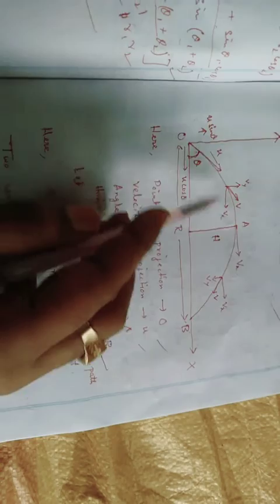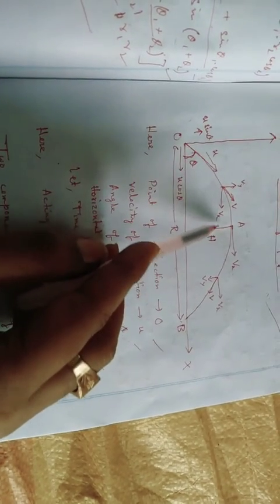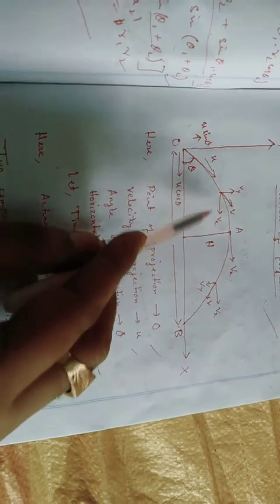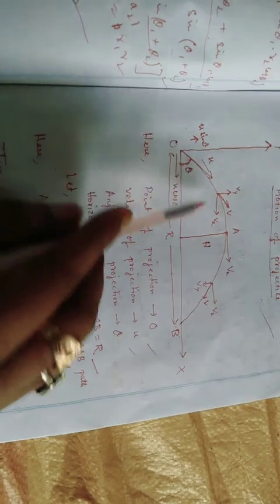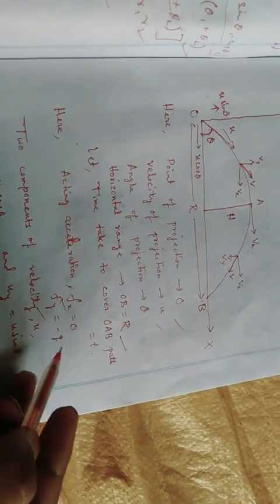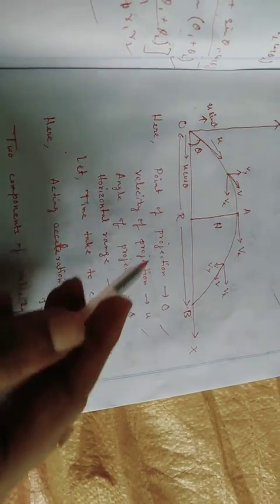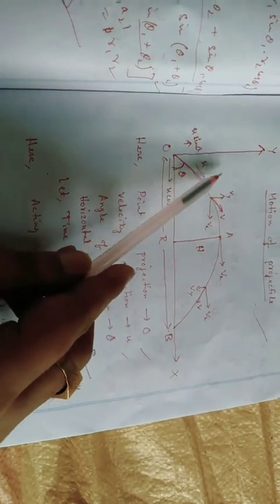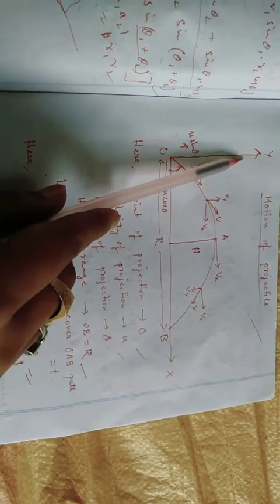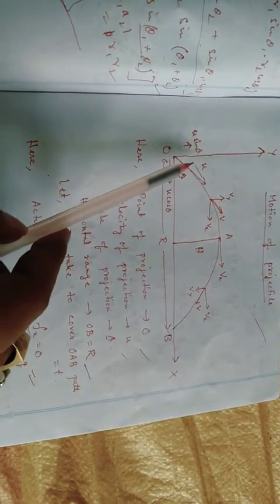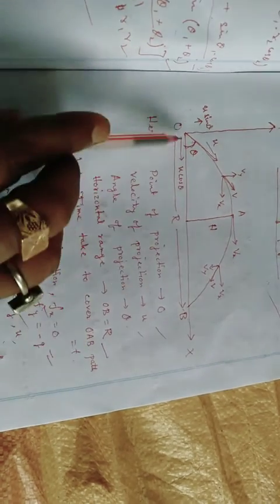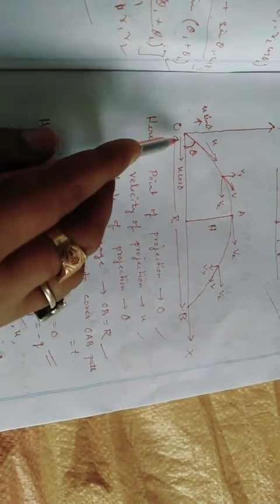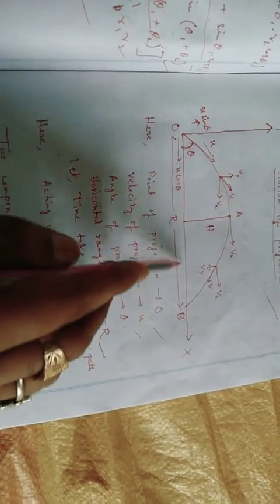So you can look at this. Here only the gravitational acceleration is acting on the particle, no other acceleration. So I have taken fx equal to 0, the acceleration along the x-axis is equal to 0, which means in the horizontal direction no acceleration is acting.